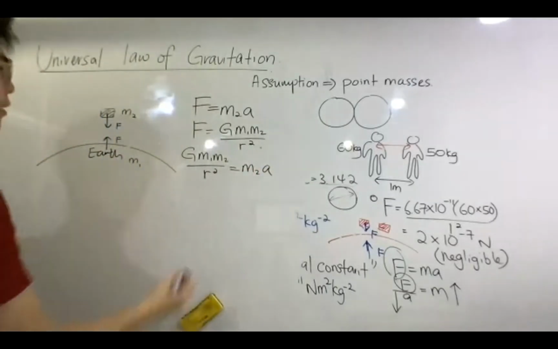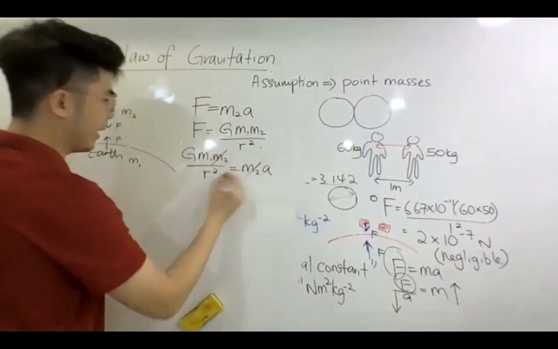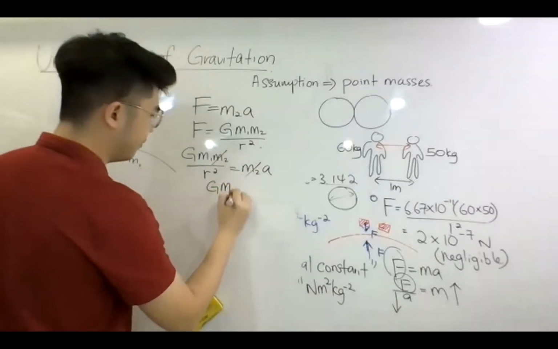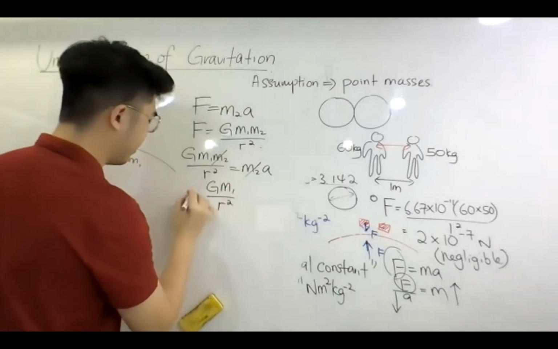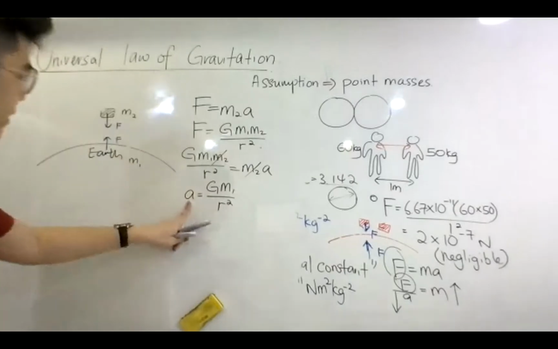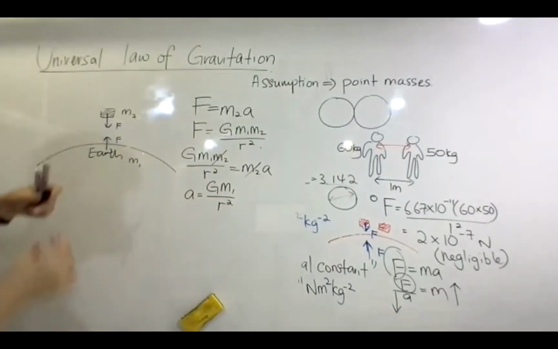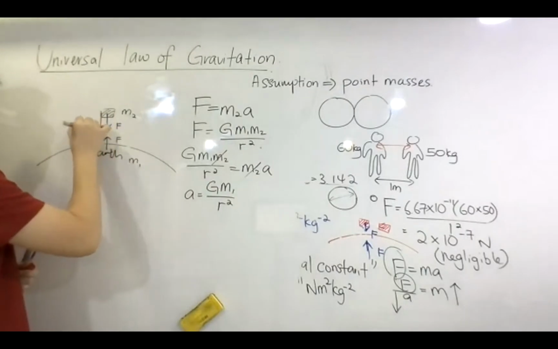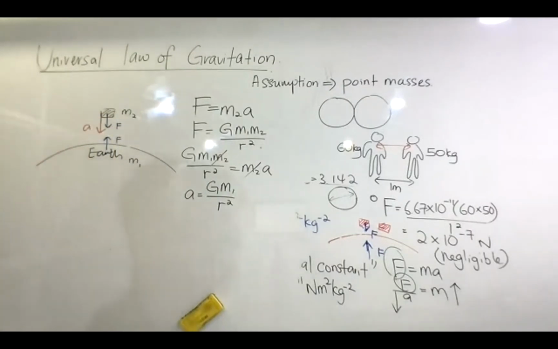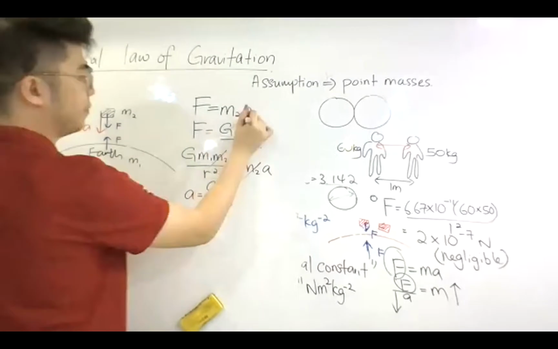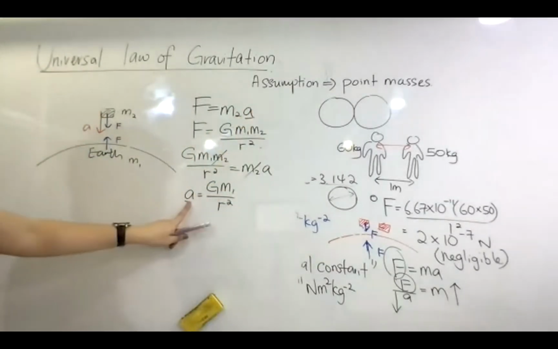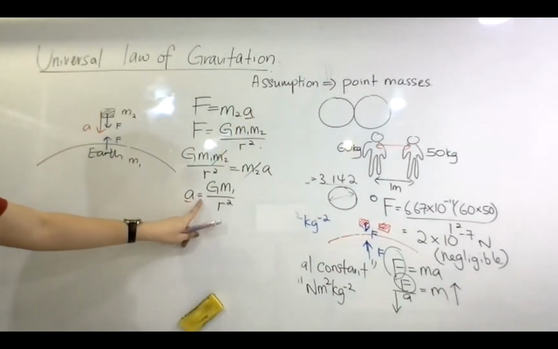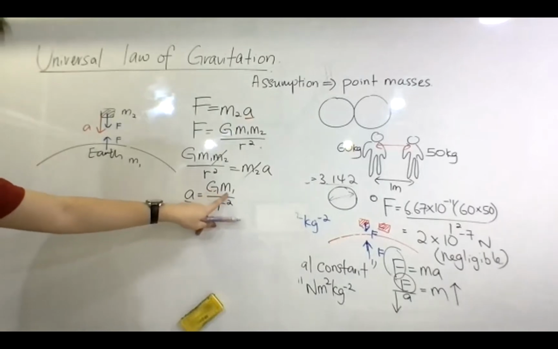Okay, cancel this and this. I get G m1 over r squared equals a. What is this acceleration? This acceleration is the acceleration of the object here, a. Right? The same a here.